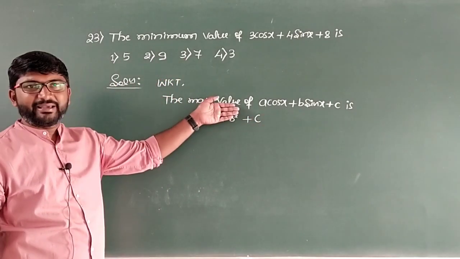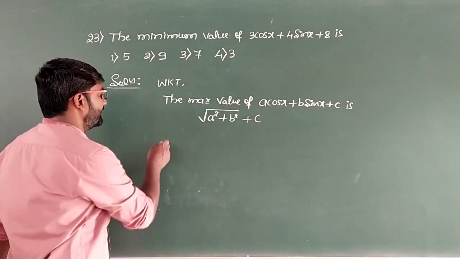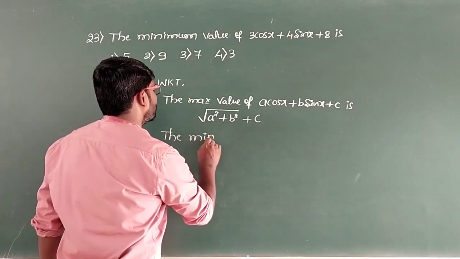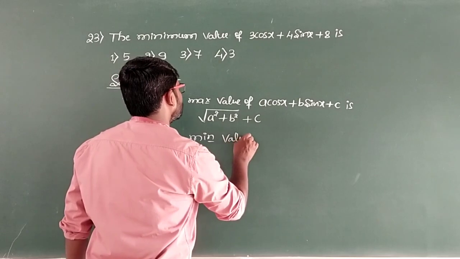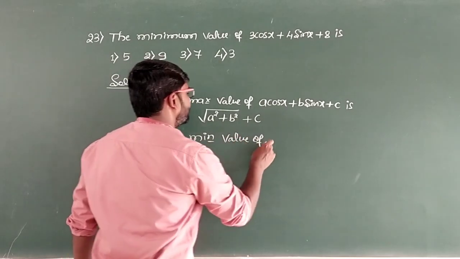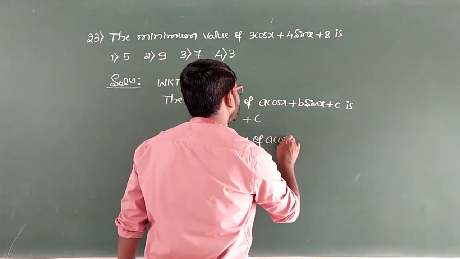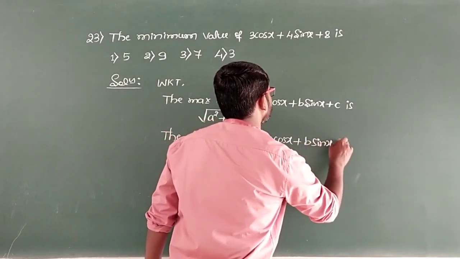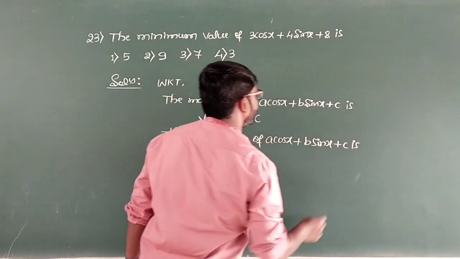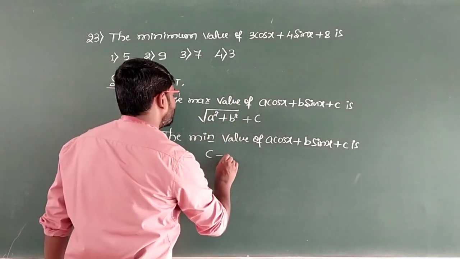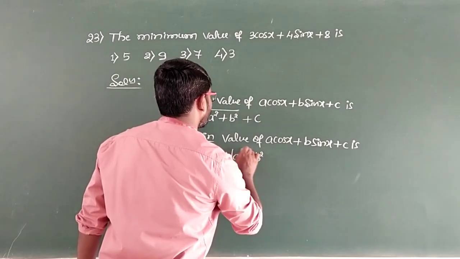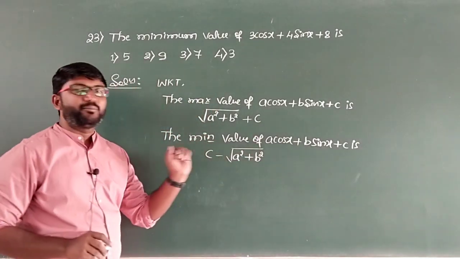So this is the maximum value, and the minimum value of a cos x plus b sin x plus c is c minus square root of a square plus b square. So this is the minimum value.